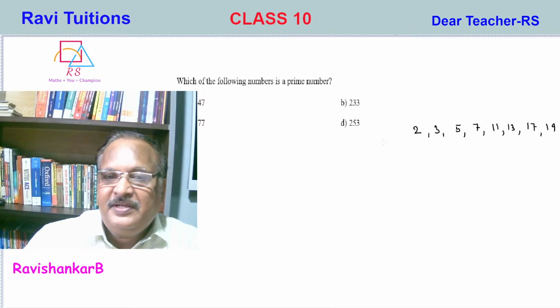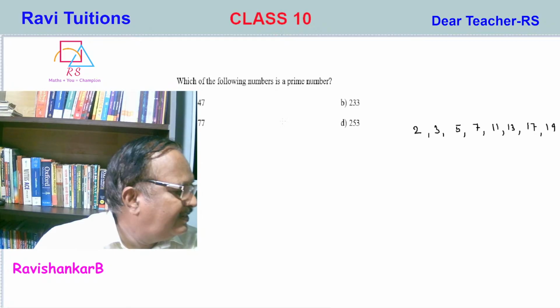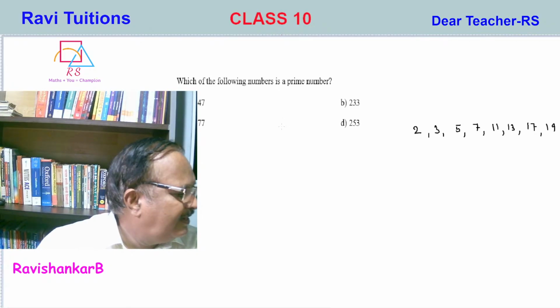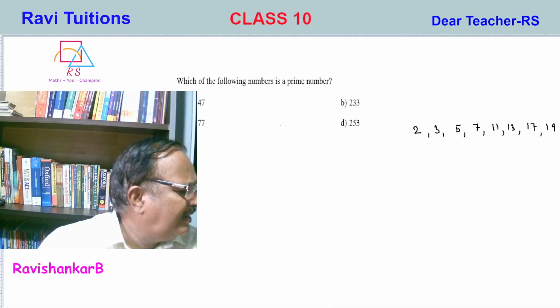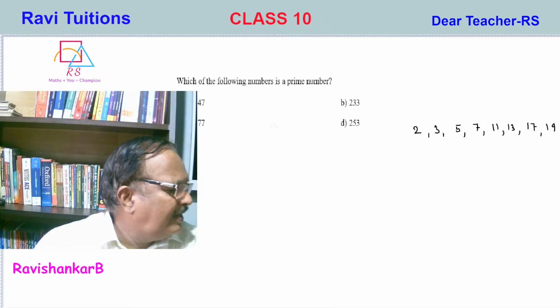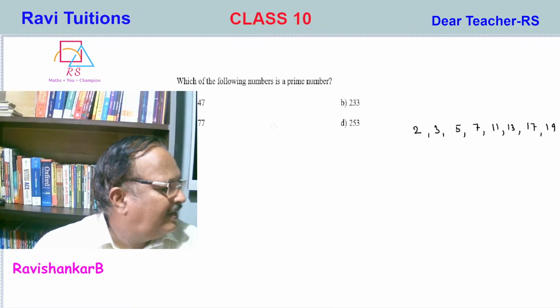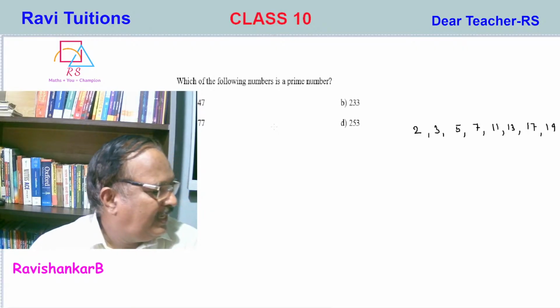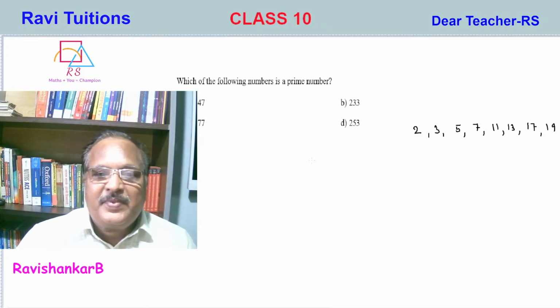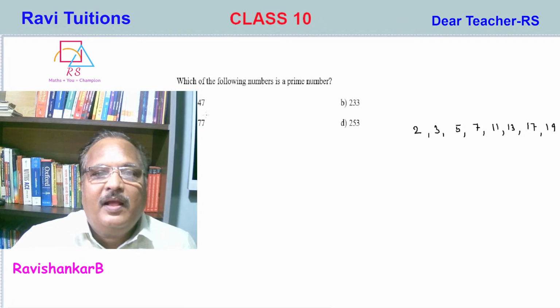Now you just check which number is option A. Option A is not prime.